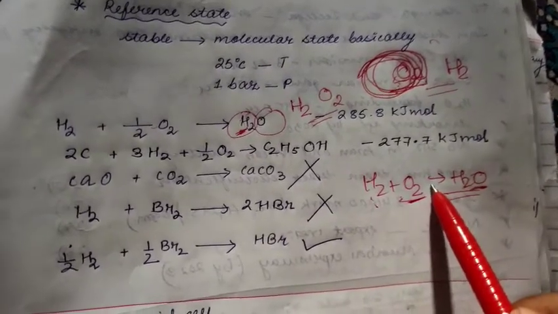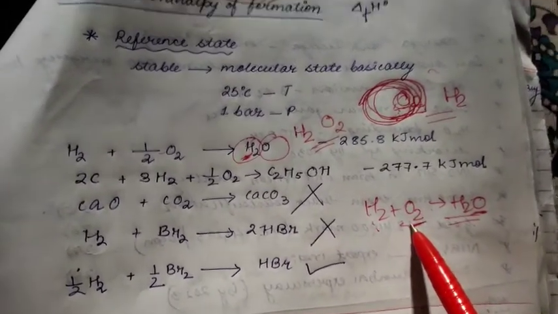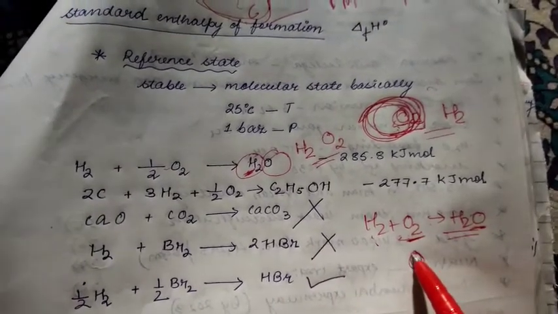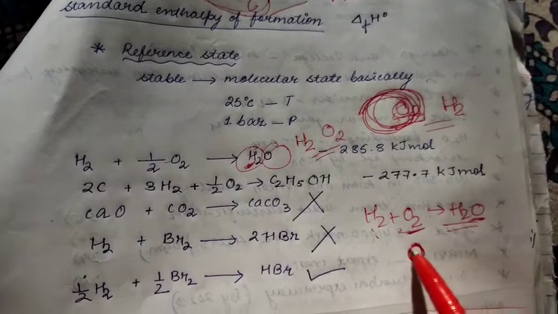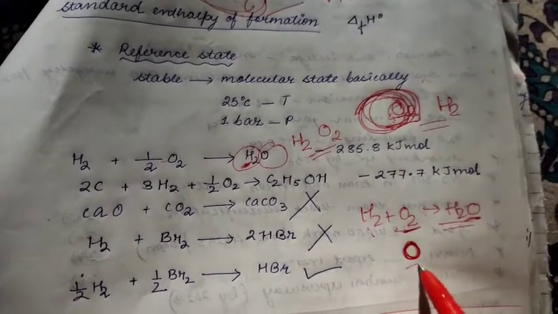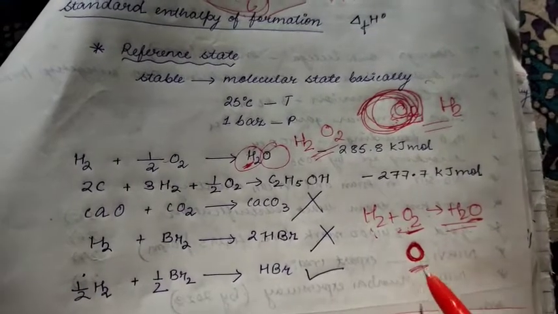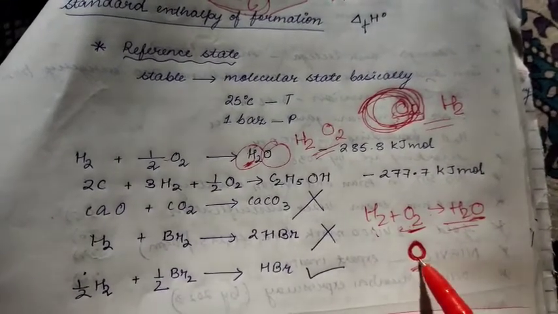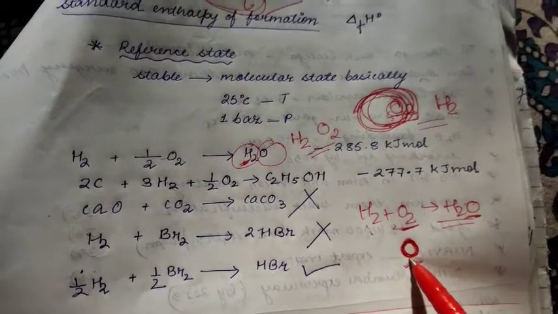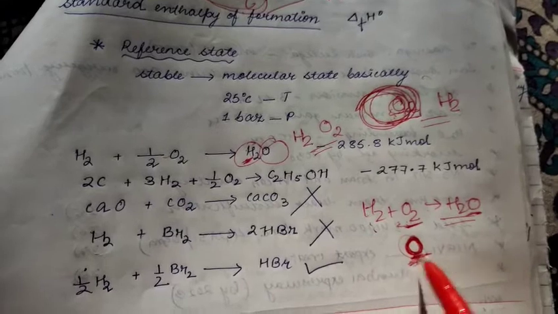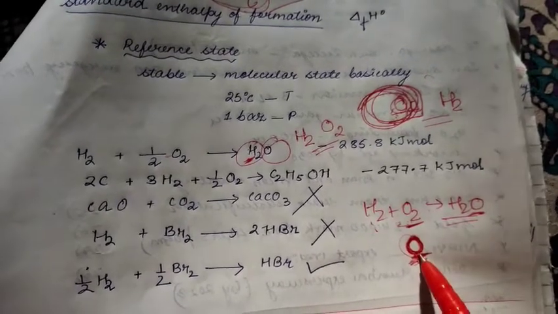So now since we are talking about the standard enthalpy of formation, we cannot take O. Oxygen does not remain in its atomic state, okay? You will never get O here. It will directly react with some other compound. This entity, not element, sorry, this entity is called the nascent oxygen, and it is very reactive.